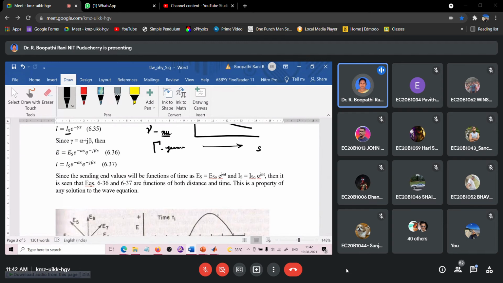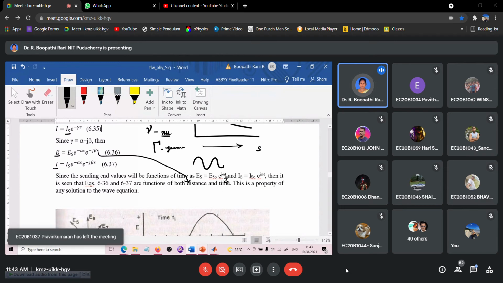That signal we denote using this expression ES naught e power j omega t, and IS is IS naught e power j omega t. What is T? T is relating us to the time, and S is relating us to the distance. So the E and I are depending on both time and distance.